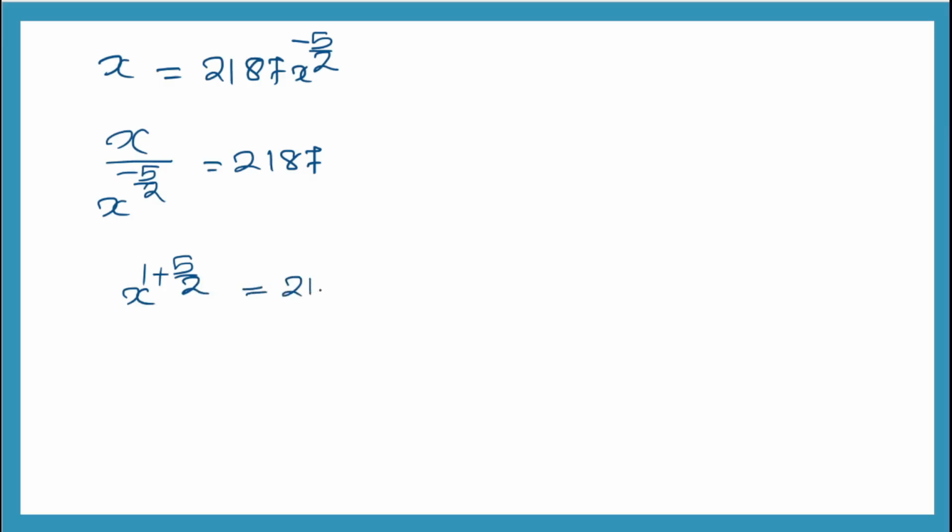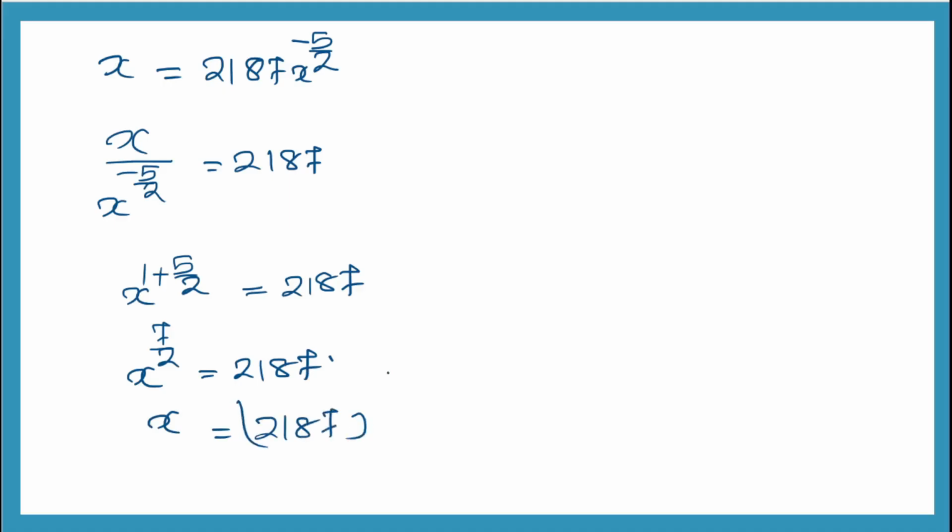That equals 2187, which implies x to the power 7 by 2 equals 2187. Now take 2 by 7th power on both sides. We got x equals 2187 whole to the power 2 by 7. That equals 9.